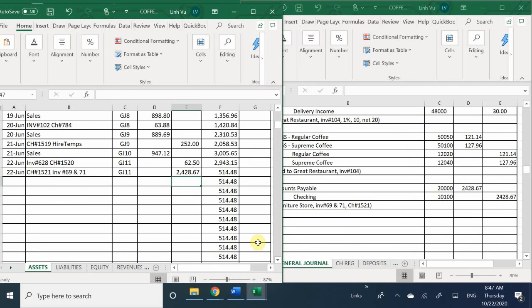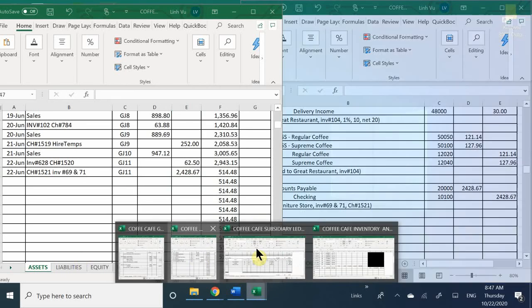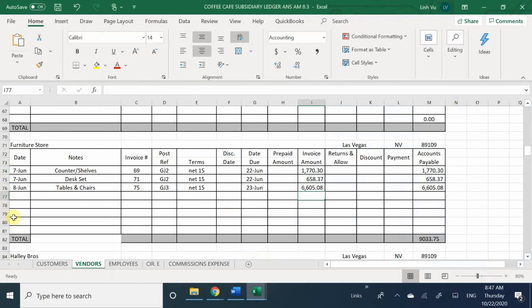Okay. So $514.48. Good. And then we go back to the subsidiary ledger, the furniture store.